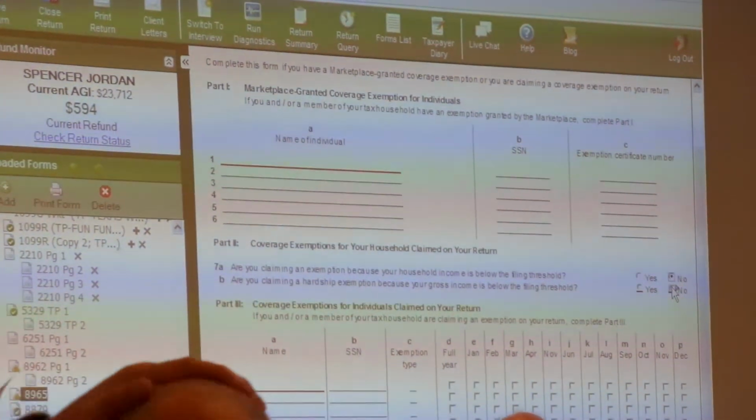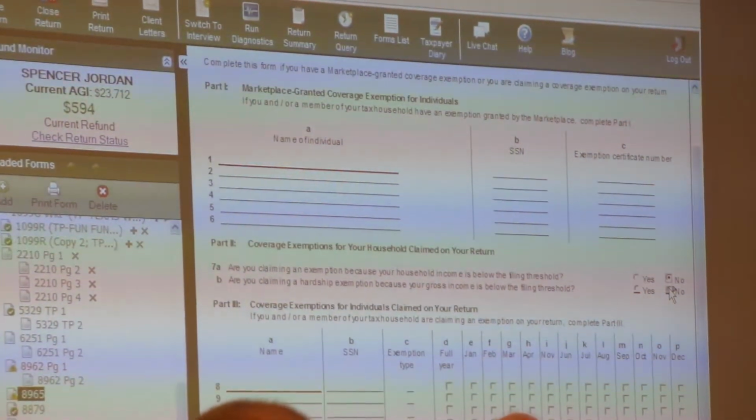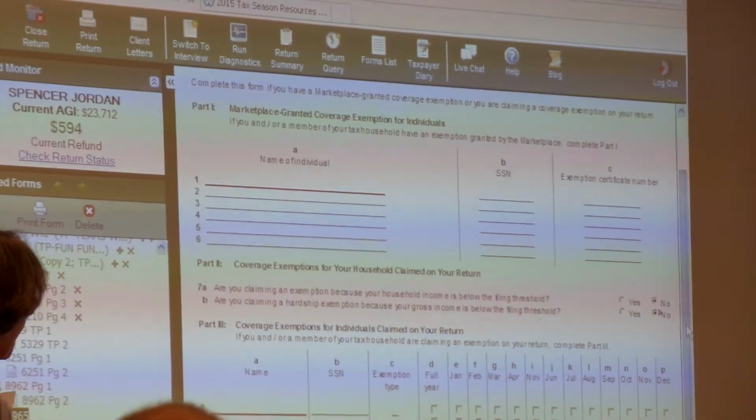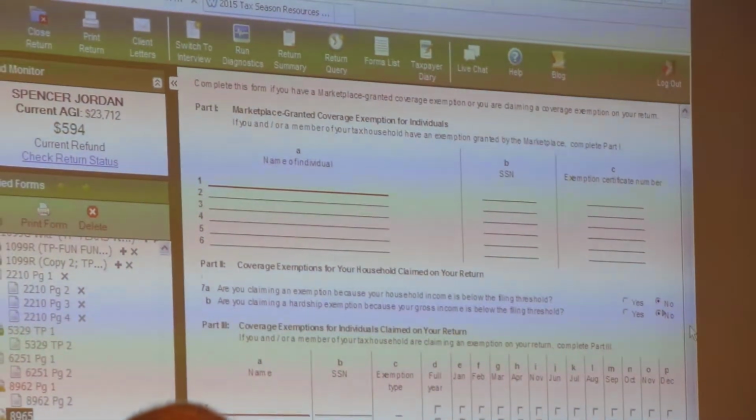Only gain on the Schedule D. So for Spencer, 7B is also no.